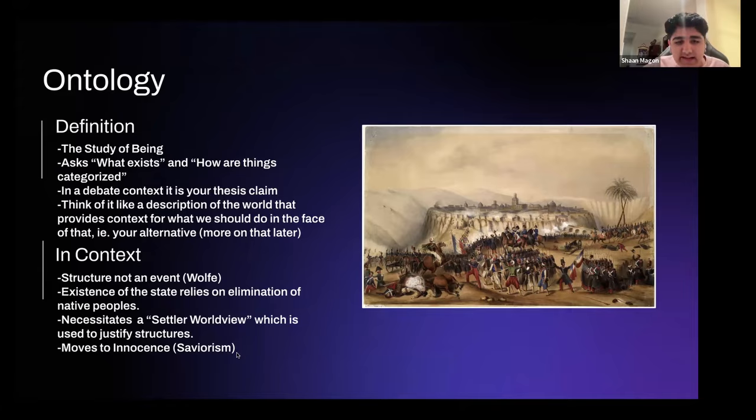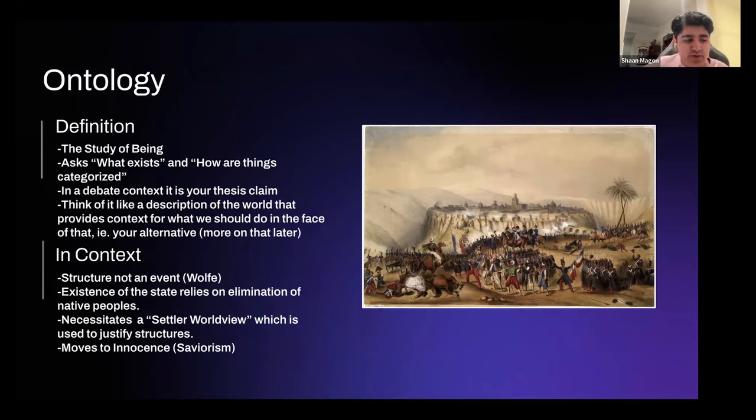The last thing is that anything the state tries to do to fix what it did is just a move to innocence, i.e., anytime the state tries to pass policies that might help indigenous people, it's always just them trying to get rid of their guilt and say, hey, look, we're actually trying to help, which is just them trying to justify all the bad things they did.